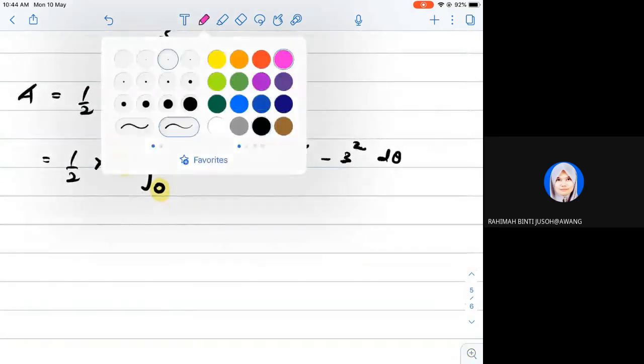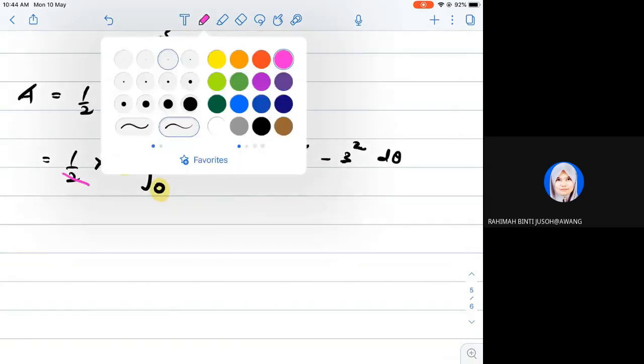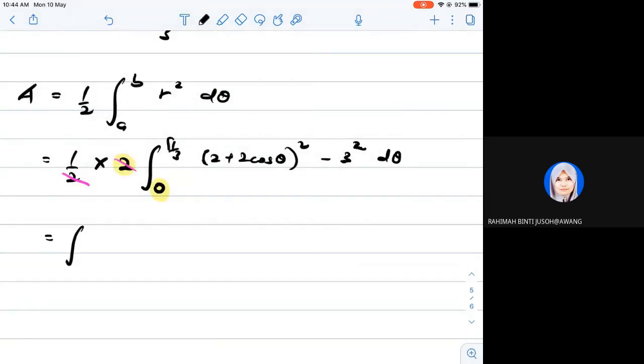Okay, so these two can be cancelled, sebab kita darab 2 tadi, kita consider theta equals to 0. So we will have 0 until pi over 3. Ni kembangkan ni. Okay, first step, you kembangkan ni kat depan ni, 2 kuasa 2 dapatlah jadi 4. And then what you should do is, you kena darab semua sekali guys. 2 darab 2 darab 2 cos theta. So kita akan dapat 2 kali 2, 4 kali 2, 8.